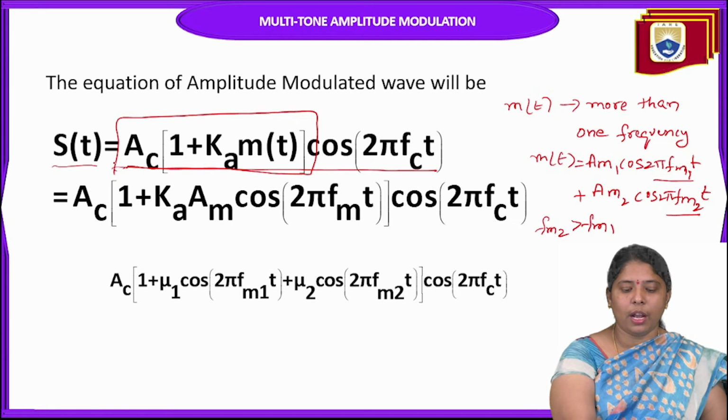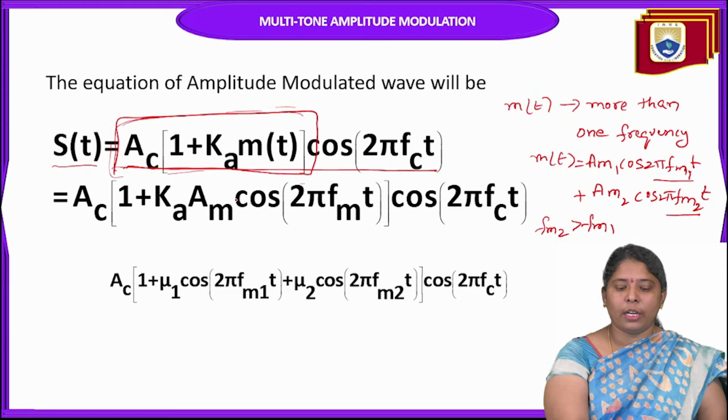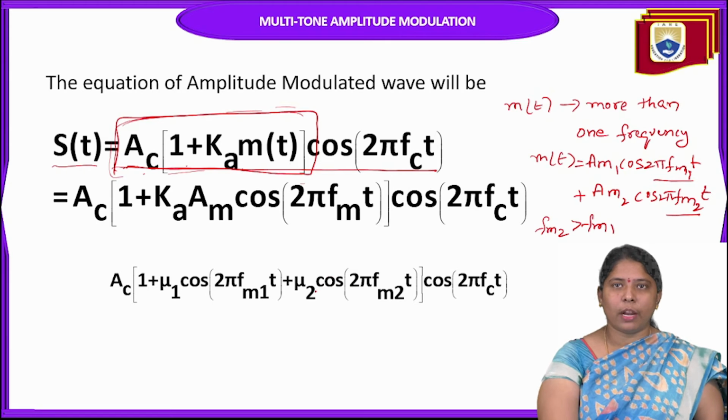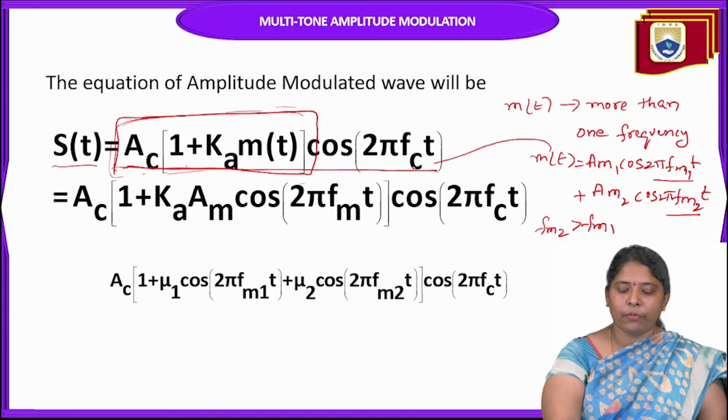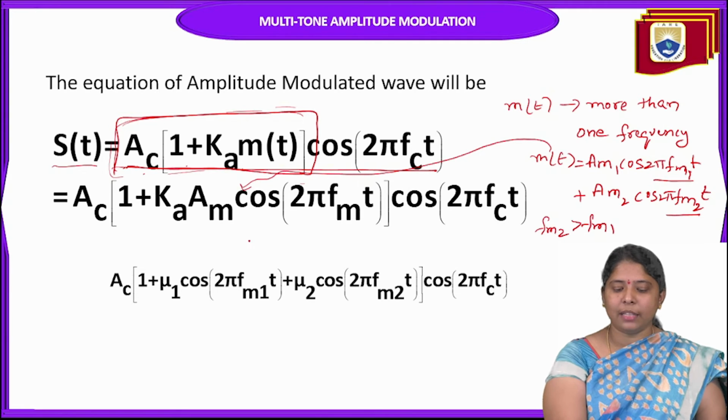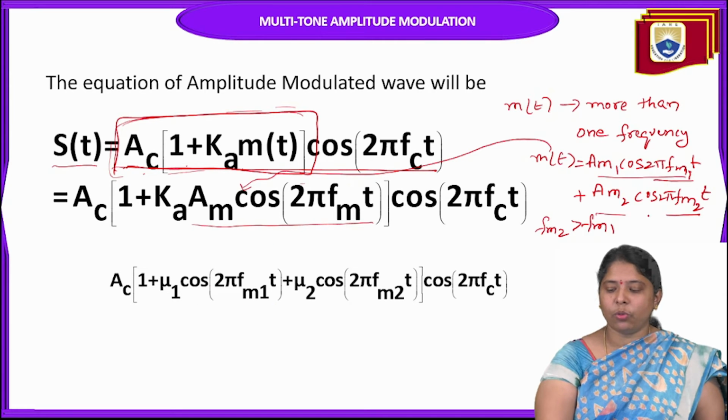So this is called the modulated signal amplitude: Ac into (1 + Ka m(t)). Now replace m(t) with Am1 cos 2π fm1 t + Am2 cos 2π fm2 t.